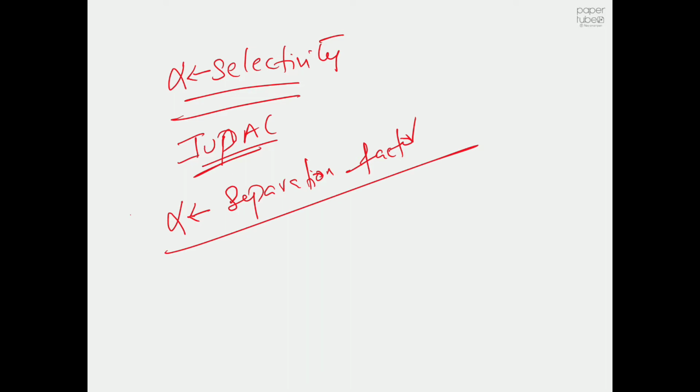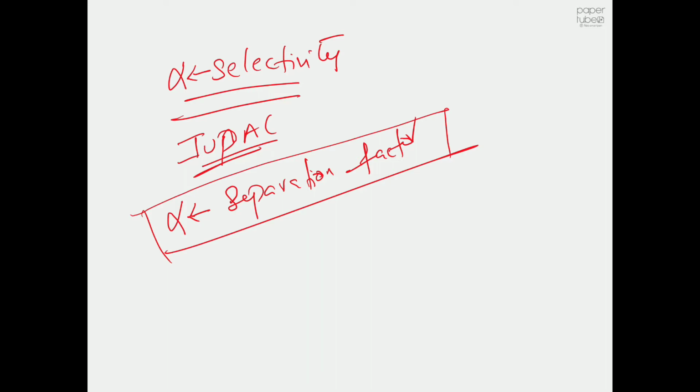So throughout the world this is a common terminology. If I ask you to calculate the separation factor, it should always refer to this value. You should calculate the retention factor of B and the retention factor of A, and from there calculate the separation factor. I hope you all understand up to this point.